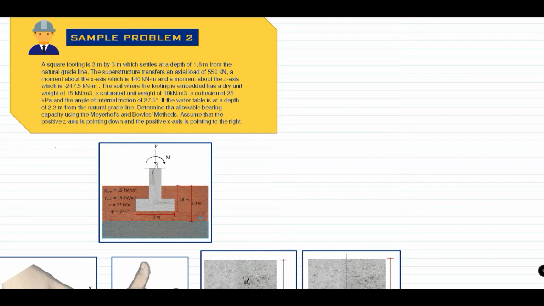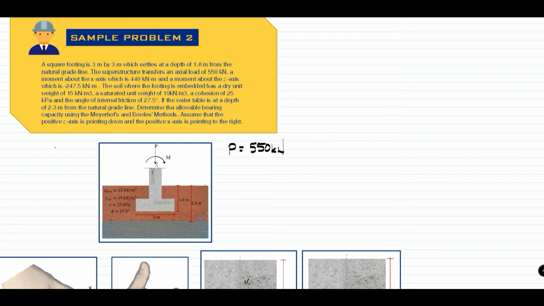So, we have to determine the allowable bearing capacity by using the Meyerhoff's and the Bowles method, assuming that the positive z-axis is pointing down and the positive x-axis is pointing to the right. So dito, sinabi na niya na nag-transfer ng load yung superstructure na P, which is equivalent to a value of 550 kilonewtons.